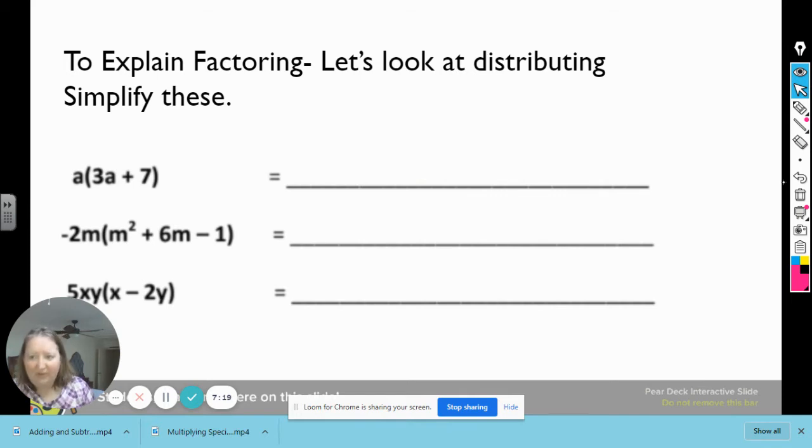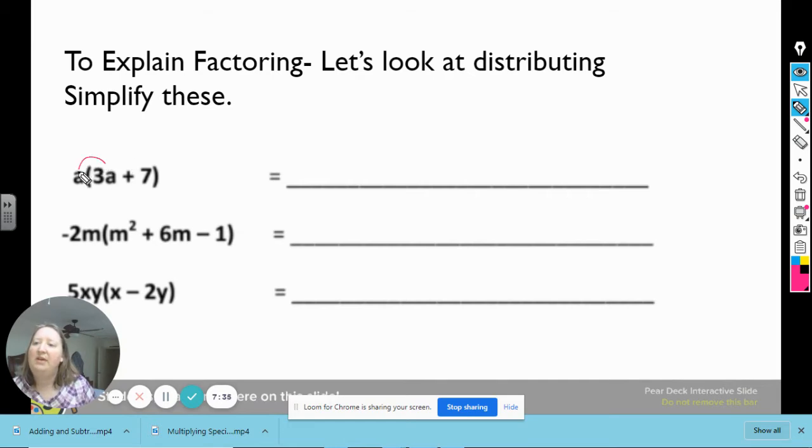Now, that was all talking about GCF. Now we're talking about factoring, okay? And to explain factoring, first let's do something we're comfortable with, we're familiar with. Go ahead and simplify these, distribute that out. So when we distribute the outside term to the inside terms, we have 3a squared plus 7a.